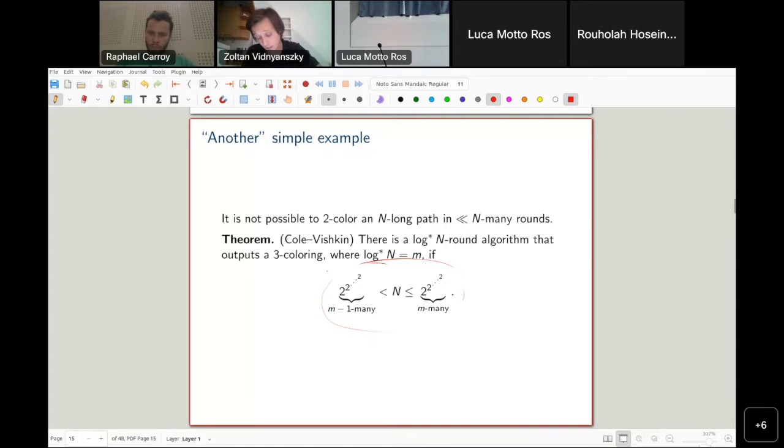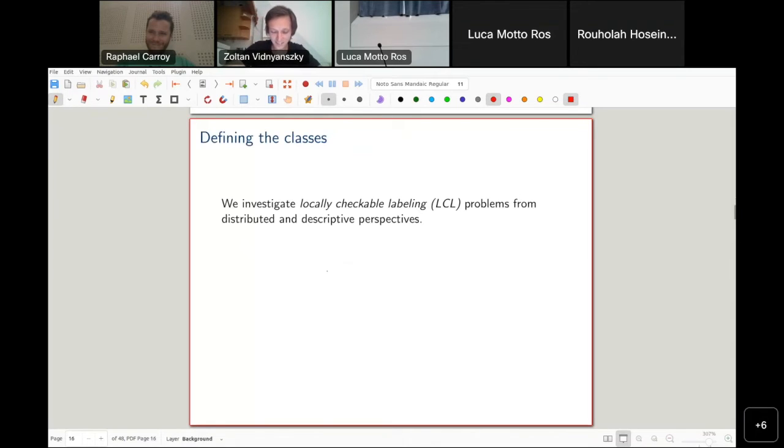So this is another example, and I hope that I managed to convince you that there is a similarity here. But if you don't think that, then I will show you a theorem which shows that actually there is equality there in some sense. Instead of colorings, people in computer science like to consider these so-called locally checkable labeling problems.